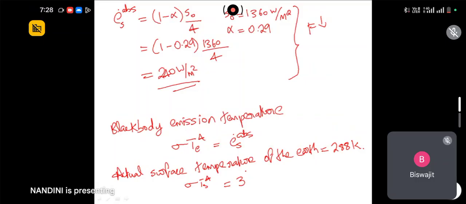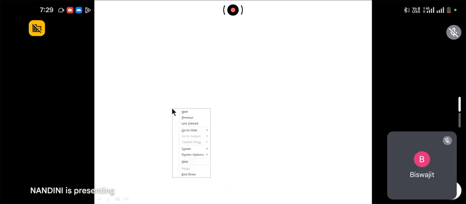Am I doing something wrong? Oh, so it is 390 watt per meter square. So the incoming is 240 and what is being re-emitted from the earth is 390. So basically there is a difference in the incoming and outgoing.